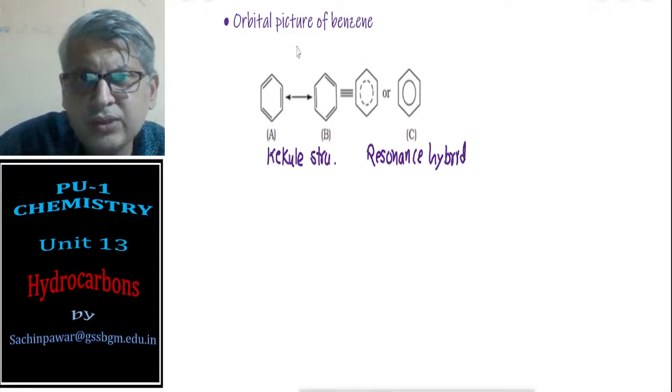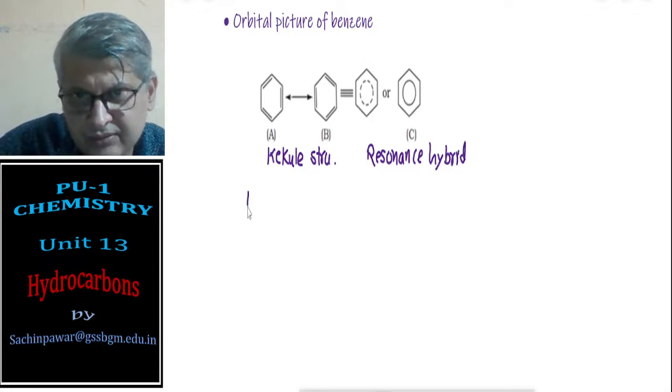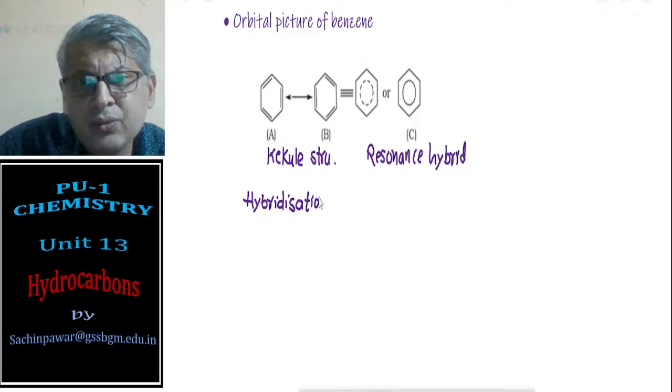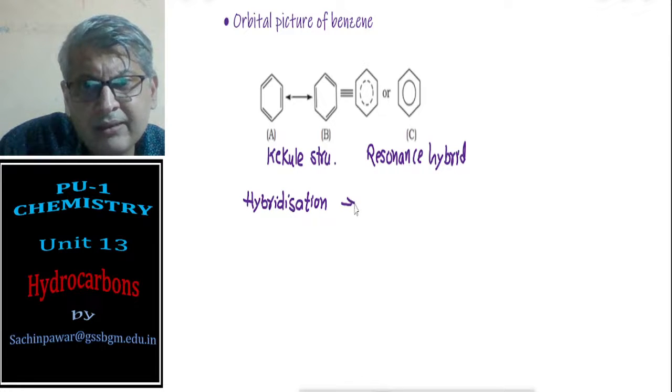Now how these structures are arrived at actually, for this we have to use the concept of hybridization. It is known that every carbon atom in the benzene ring is sp2 hybridized.